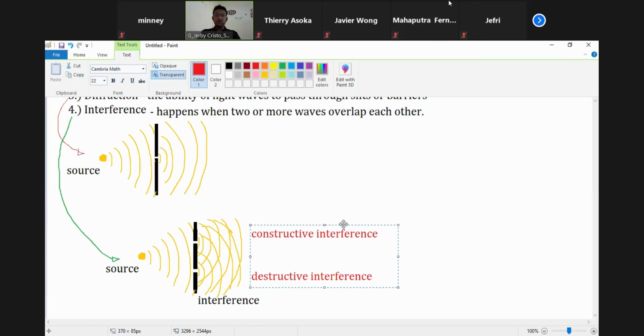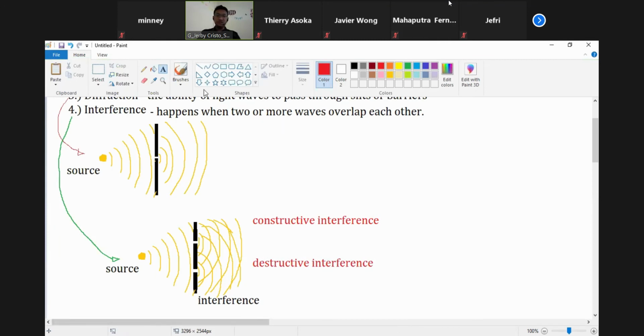So how do we compare destructive interference with constructive interference? In a constructive interference, assuming that you had these waves, let's say this is wave A, and this will meet another wave.